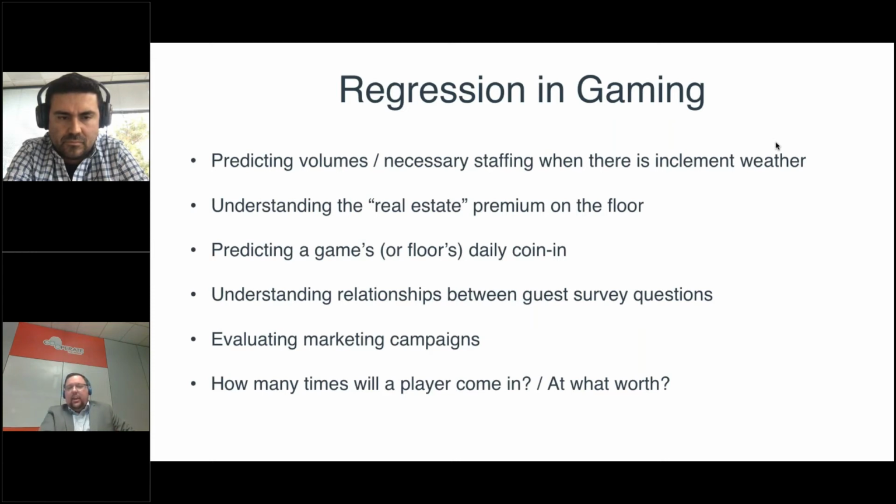I love the application of regression to guest survey, which I think when we think about machine learning and gaming, we typically go right to the gaming floor and we go right to marketing, which are major areas where machine learning can have an impact.